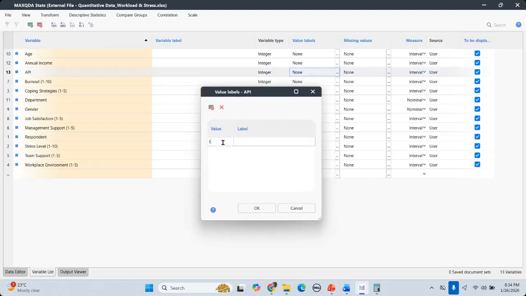Academic performance index for assistant professors. Next one, associate professor. So whether it is manually or whether you want to import it, you can see how you can type it. Now I have one more category, professor.